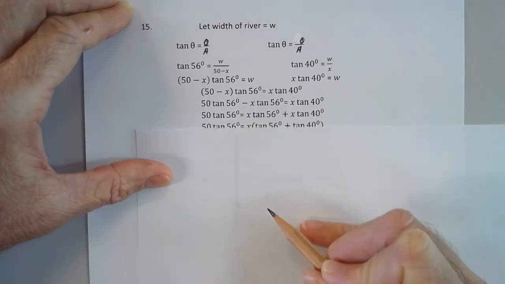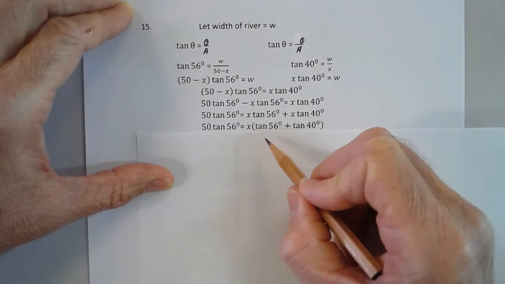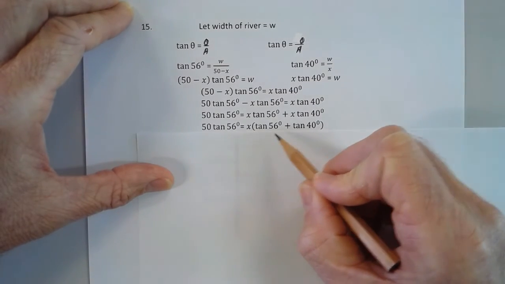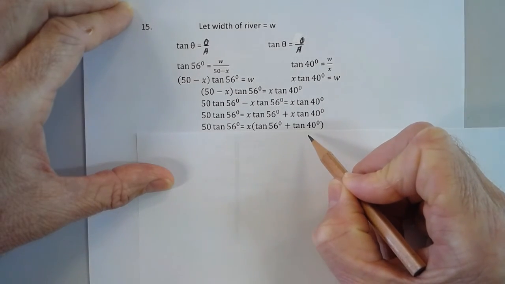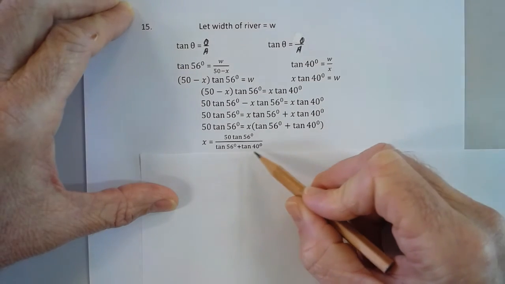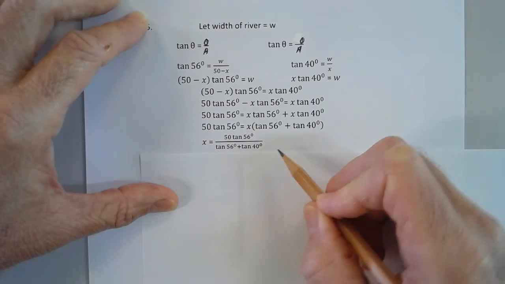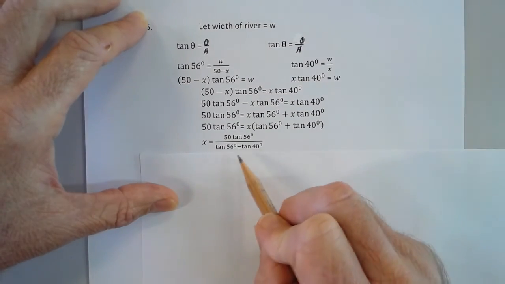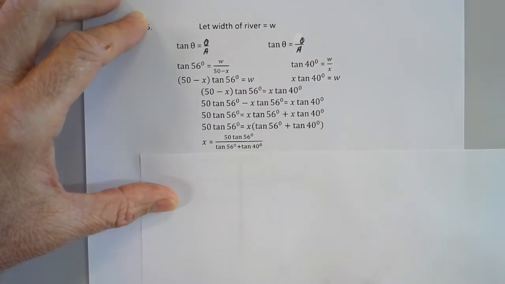Factoring out the x, we end up with 50 tan 56 degrees equals x outside of tan of 56 degrees plus tan of 40 degrees. Dividing both sides by tan of 56 degrees plus tan of 40 degrees, we end up solving x. X is equal to 50 tan 56 degrees over tan of 56 degrees plus tan of 40 degrees.